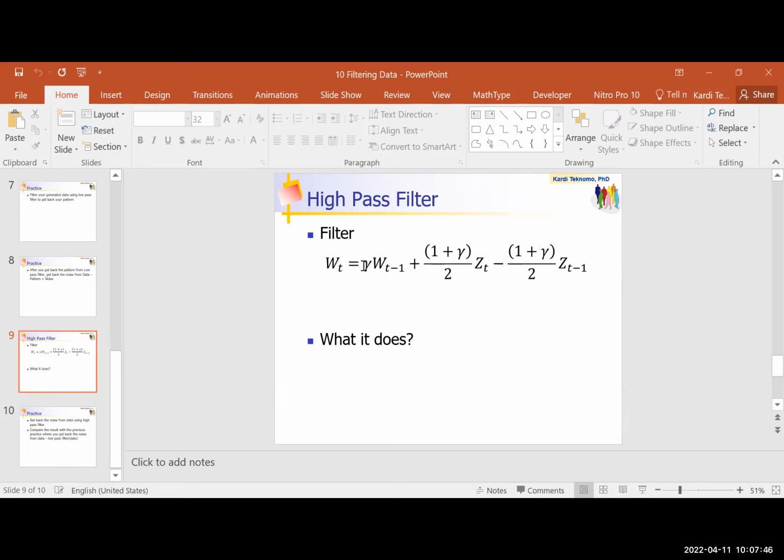So you have the parameter, I will call this alpha, minus the previous one, plus (1 plus the alpha) divided by 2, minus the current data, and then minus (1 plus the parameter) divided by 2, again the same, and the previous data. So let's do that.